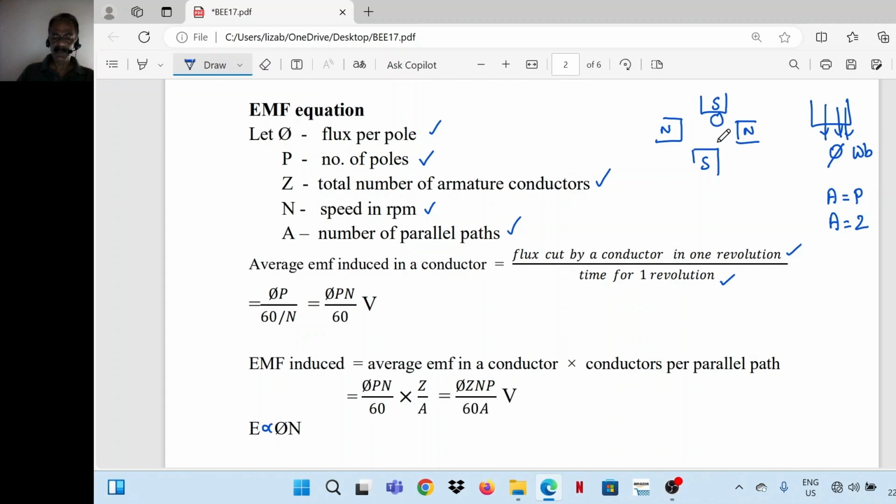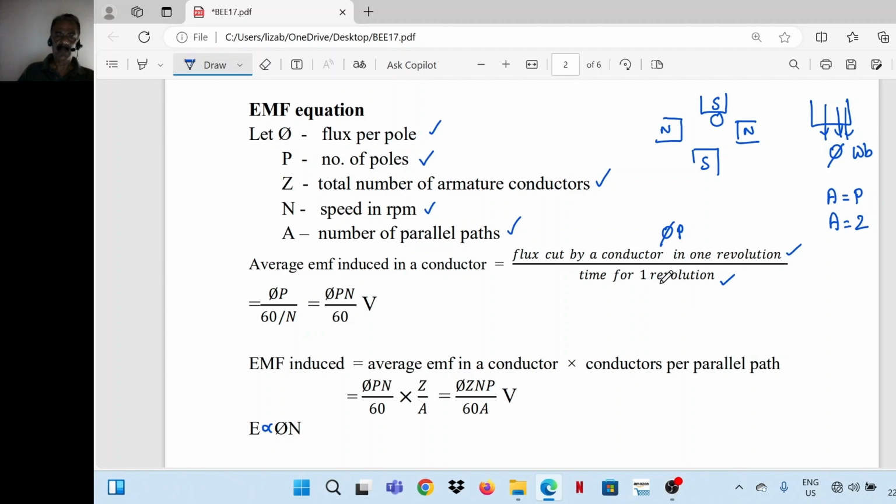So in one revolution of the conductor, the flux cut by it is equal to phi into P, flux per pole into number of poles. In this case, it is phi into 4. There are 4 poles.